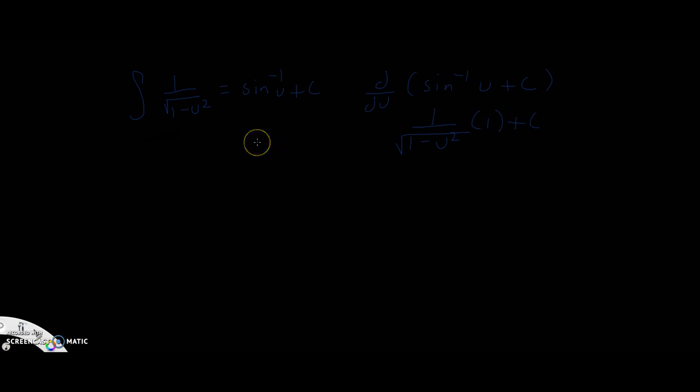Okay, now we're going to pay attention to the differential. So I'm going to write down a little bit of information. Let f of x equal x to the third plus 1, and u equal x squared.